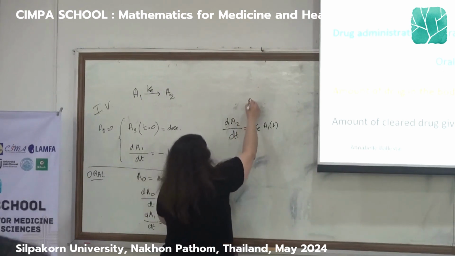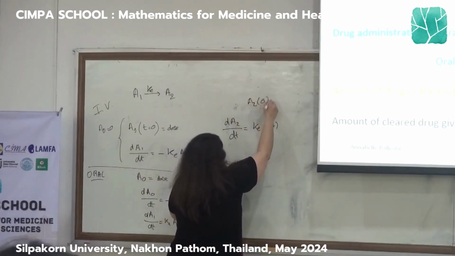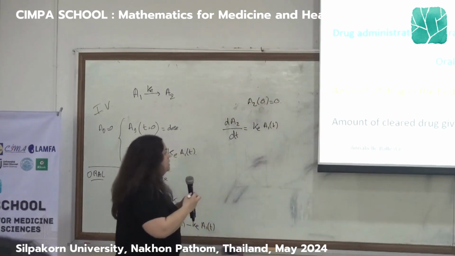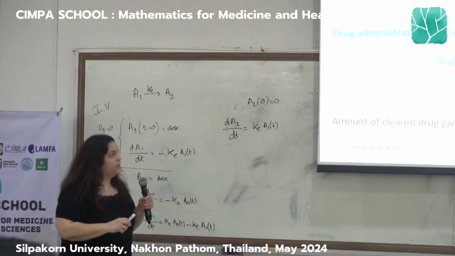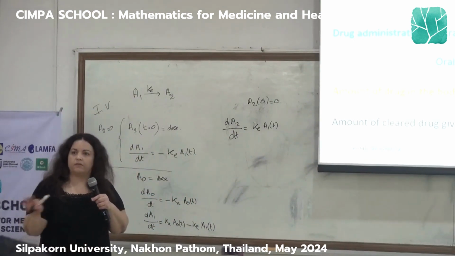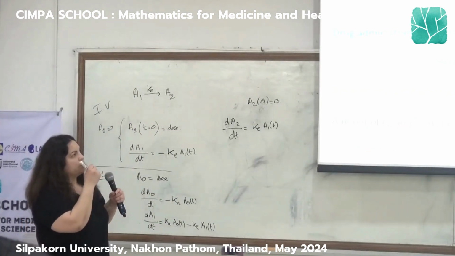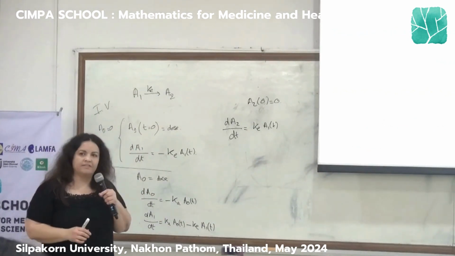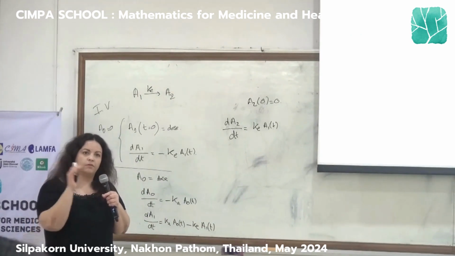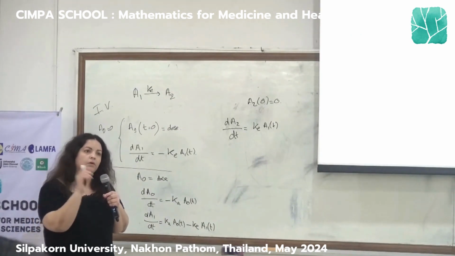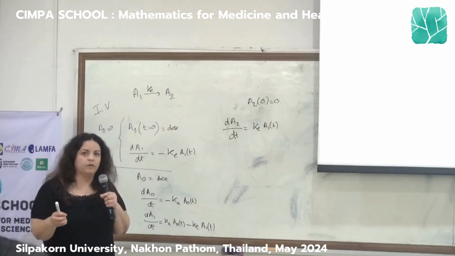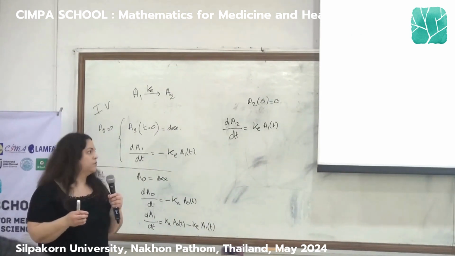Of course, in terms of initial conditions, there is nothing in A2 at the beginning. So A2 is really the last compartment. Sometimes it's called a sink compartment, in the sense that the matter can only go there and will stay there. So the matter is a bit lost for the system. The sink compartment.